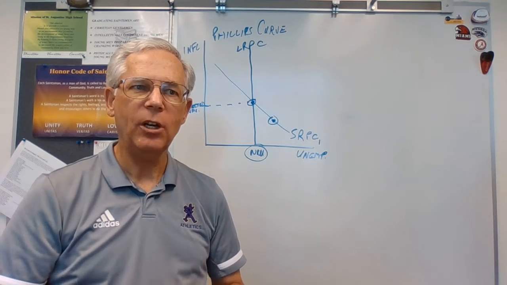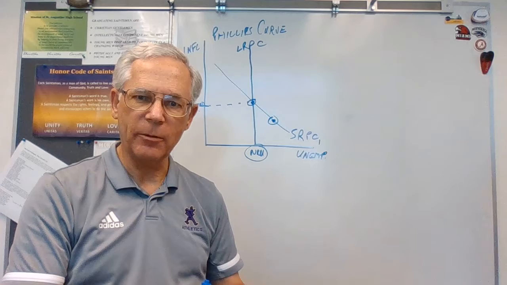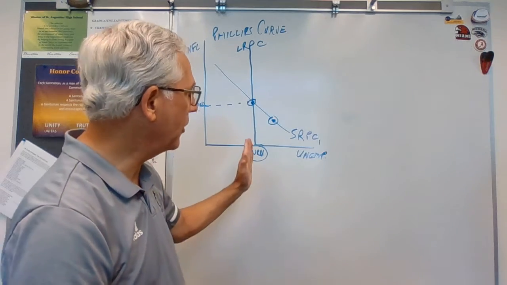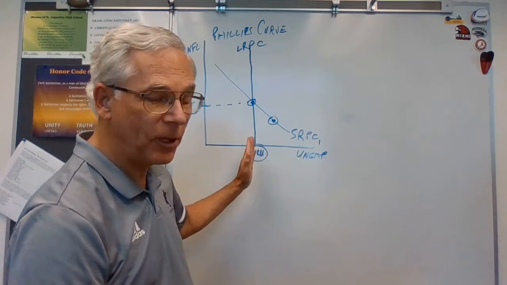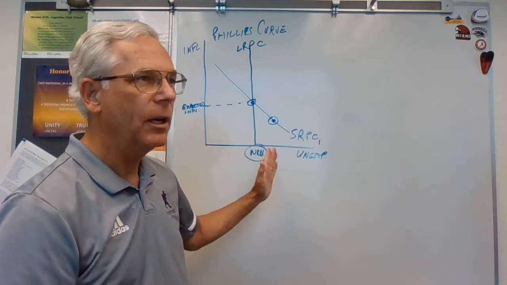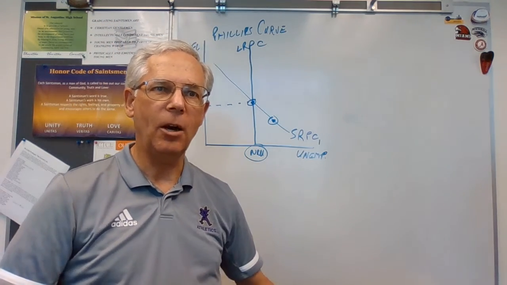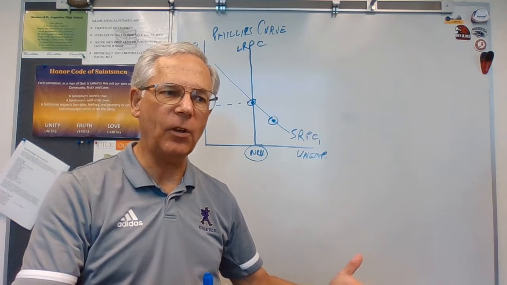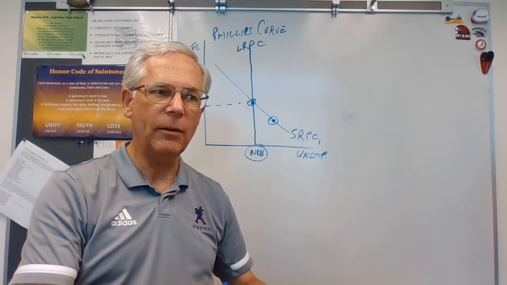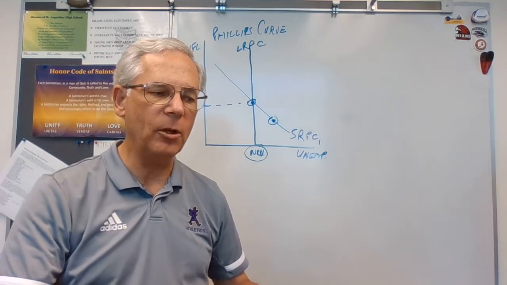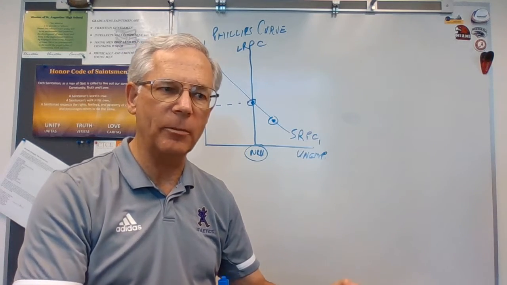So a change in frictional unemployment would shift the long-run Phillips curve one way or the other. Let's say that unemployment benefits rise, and people have longer access to unemployment benefits and more money on unemployment.